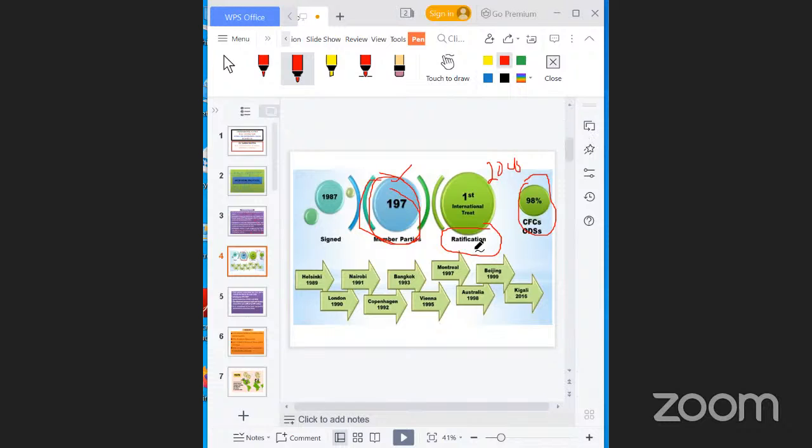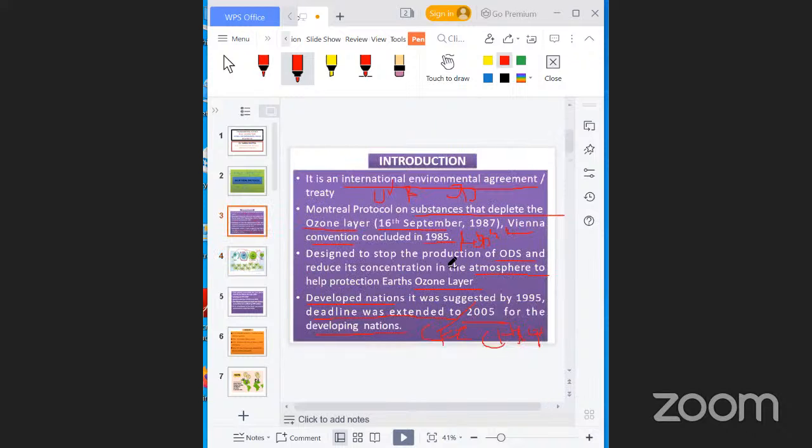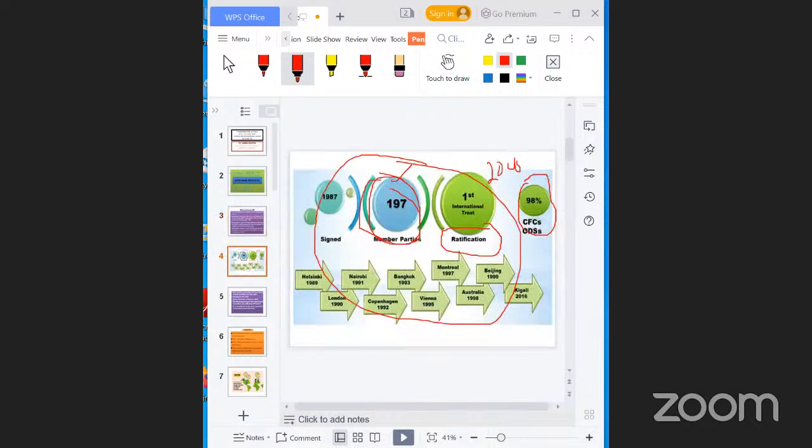Universal ratification means the Montreal Protocol is accepted by all the countries around the globe. Remember this. Therefore, it is considered to be the most successful environmental protection treaty. So this is the introduction of the Montreal Protocol.